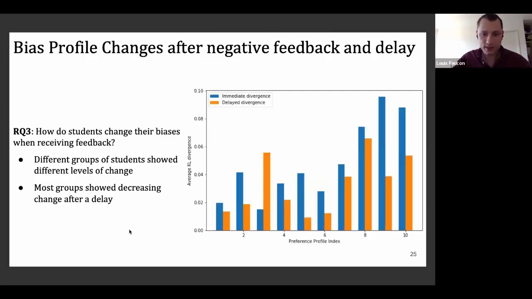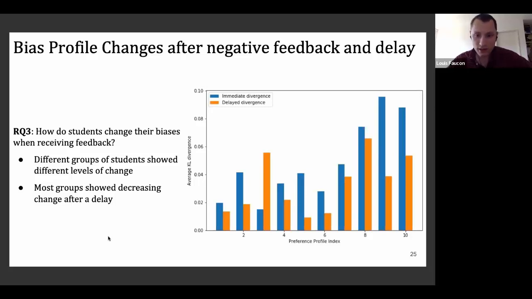And on this figure, you can see for an example of 10 extracted bias profiles, the divergence of this second and third set of probabilities compared to the original bias profile. So the first thing we see is that the groups of students have a different level of divergence compared to their original bias profile.